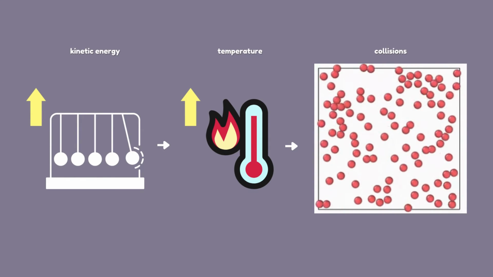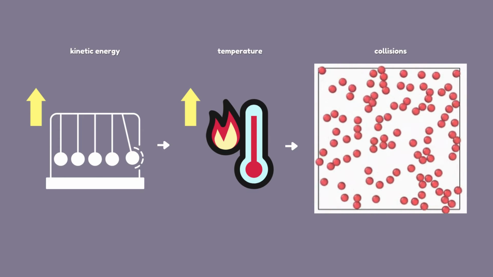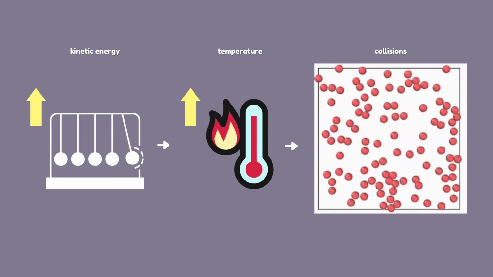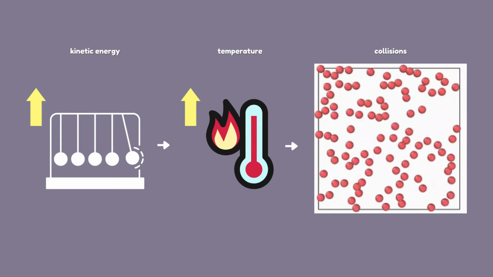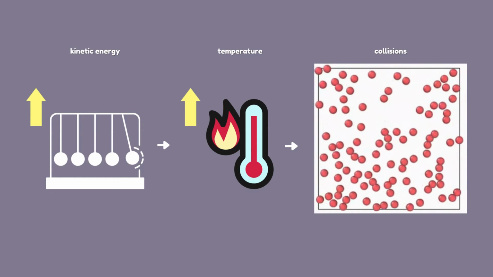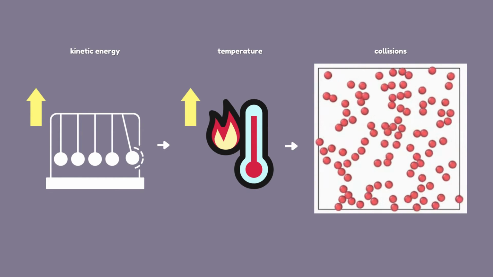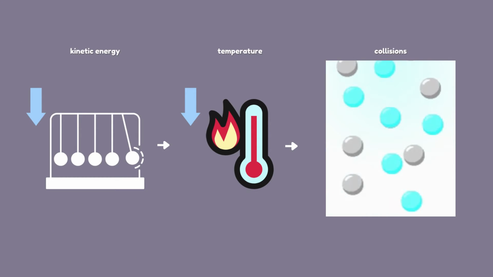As such, the more energy a particle has, the more it bounces around. The more it bounces around, the more likely it is to collide with another particle and yield product. For this reason, the rate of reaction greatly increases with temperature. On the other hand, it decreases as the temperature decreases.